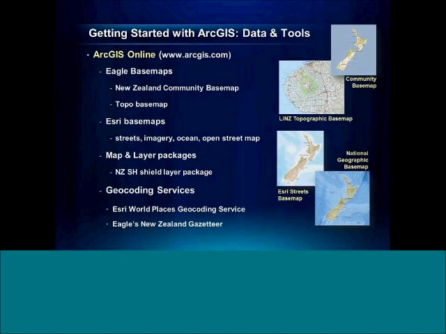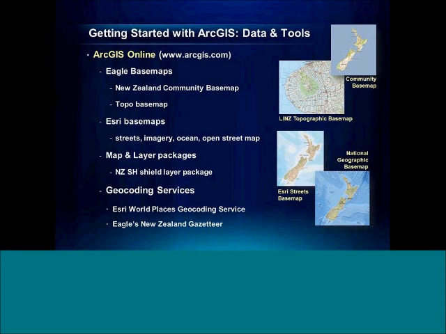All right. There are some data and tools out there as well, which are, for the most part, free to access. Eagle publishes a couple different base maps that we've indexed on ArcGIS Online.